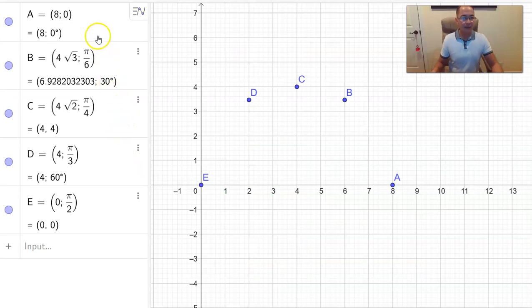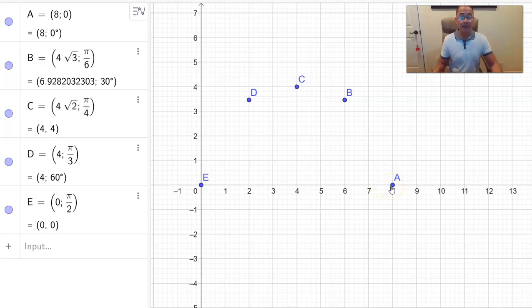I've gone ahead and plotted the first 5 points. We have 8, 0, and there's the semicolon I was telling you about. So there is 8, 0 radians; 4 root 3, pi over 6 is here; 4 root 2, pi over 4; 4, pi over 3; and 0, pi over 2.